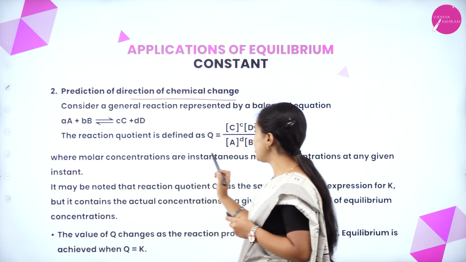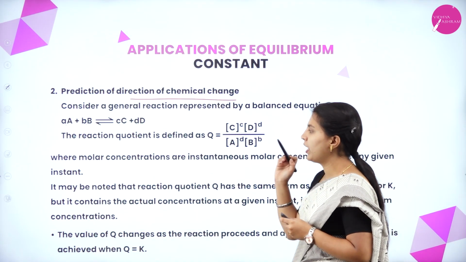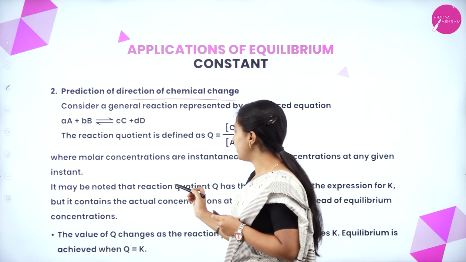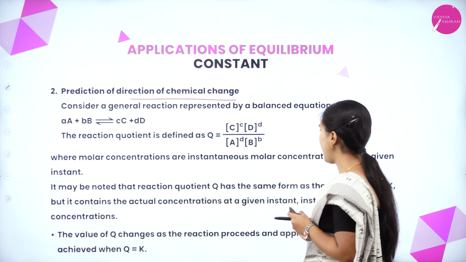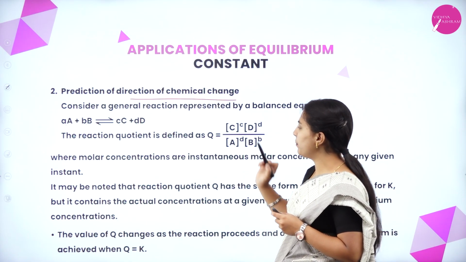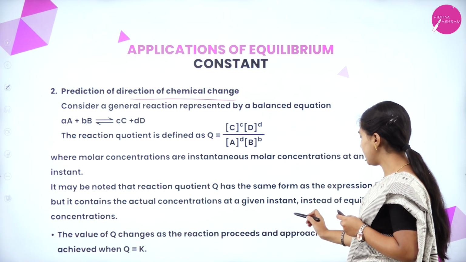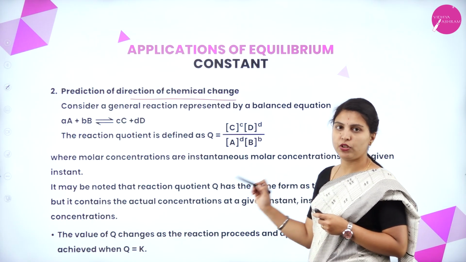This is with molar concentrations at any given instant. It may be noted that the reaction quotient has the same form as the expression for K. This Q is equivalent to K, but it contains the actual concentrations at a given instant instead of equilibrium concentrations.